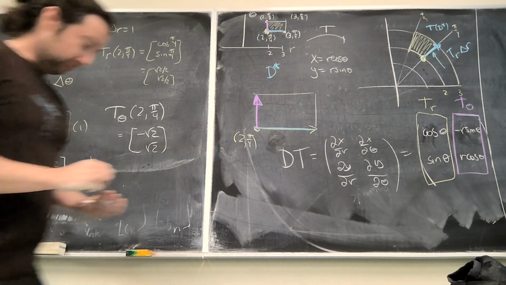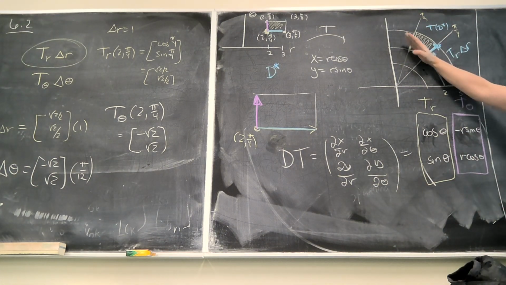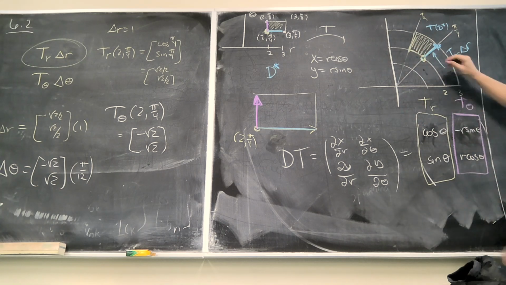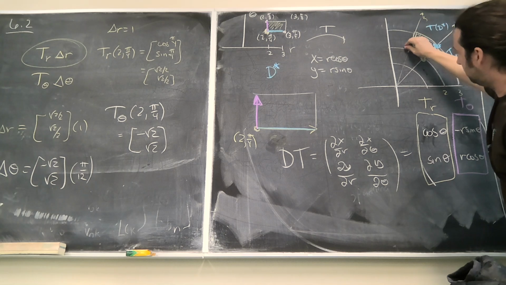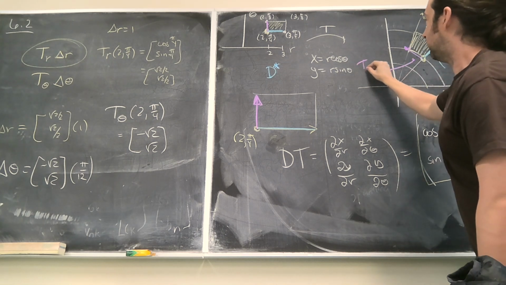So all I've got to do is think about a vector pointing in this direction, (minus 1, 1), of length pi over 12. I'm going to cheat and just draw something here instead of actually trying to draw this accurately. So you're supposed to believe that that vector right there is T_theta delta theta.